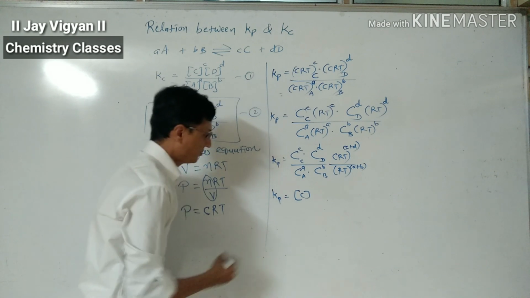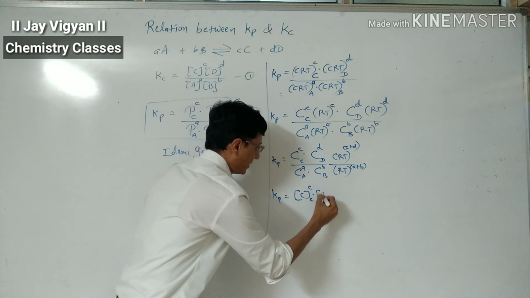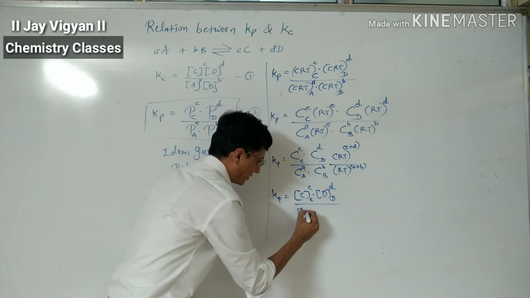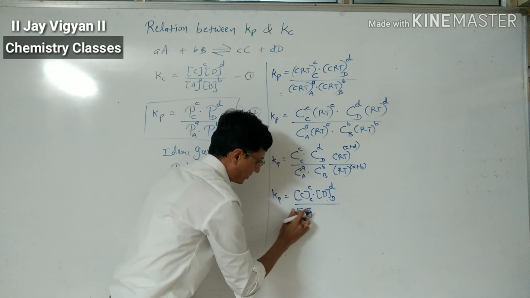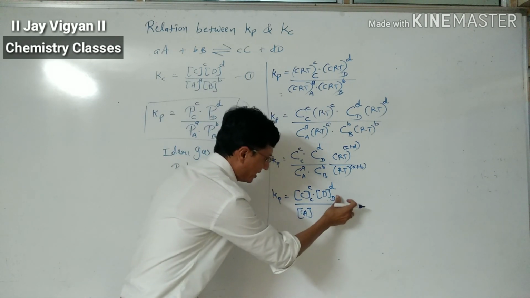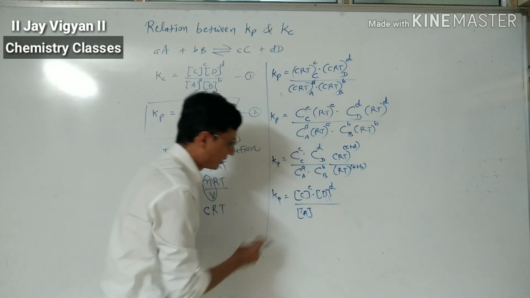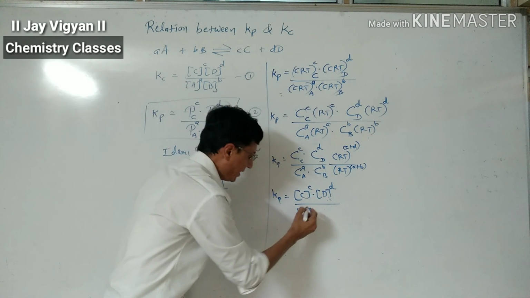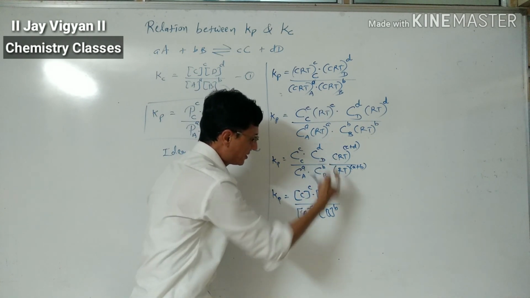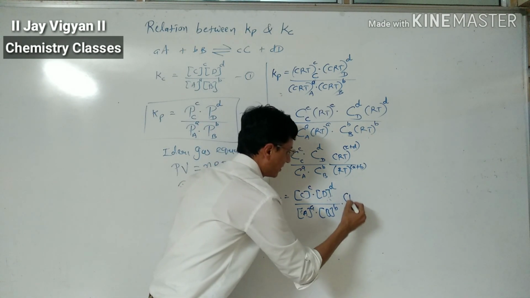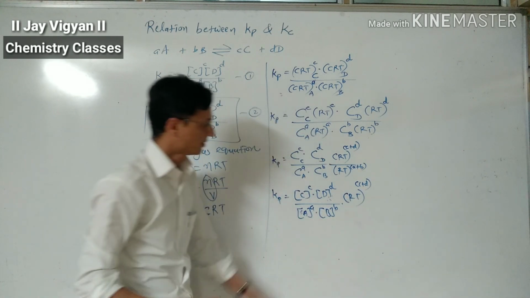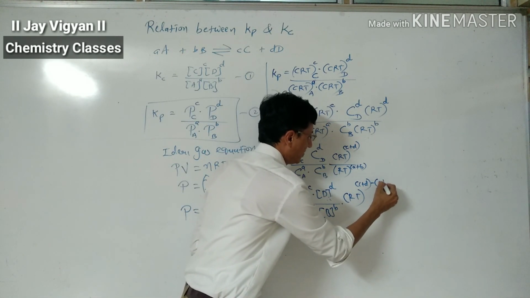So we can write this as [C]^c [D]^d upon [A]^a [B]^b, and this can be written as RT raised to (c plus d) minus (a plus b).